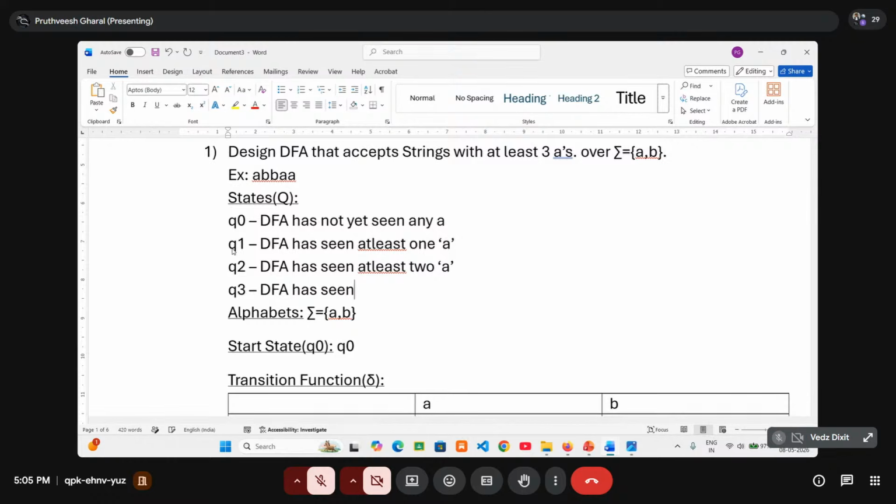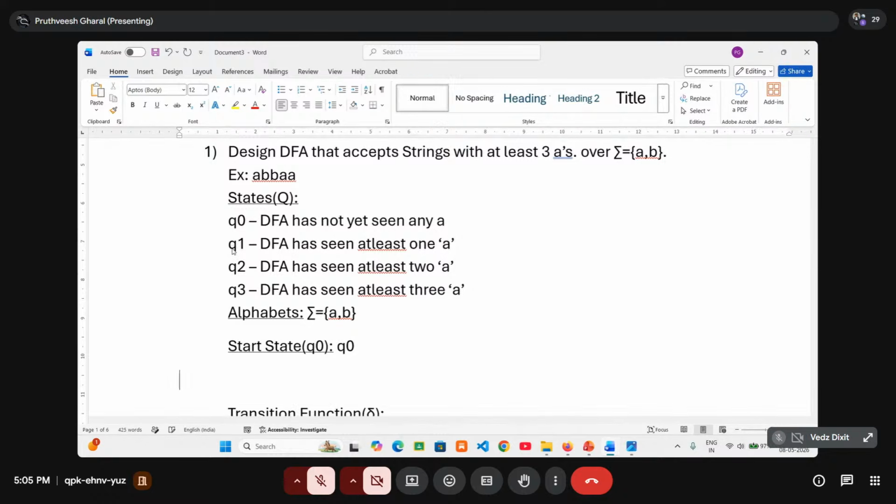The DFA has seen at least three A's is the final state we want to be in, right? Let's write here final state F. The final state the DFA should be in is Q3. Why? Because Q3 represents the fact that the DFA has encountered at least three A's.